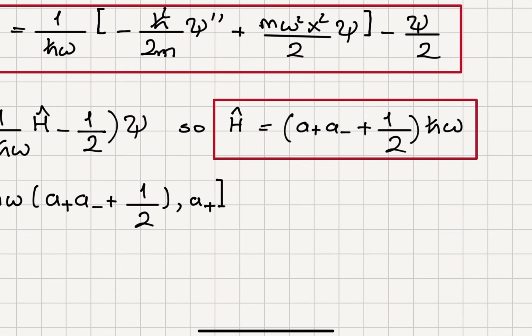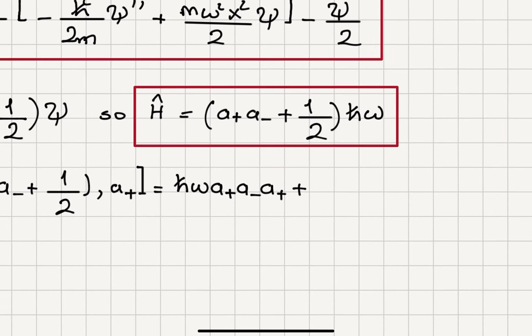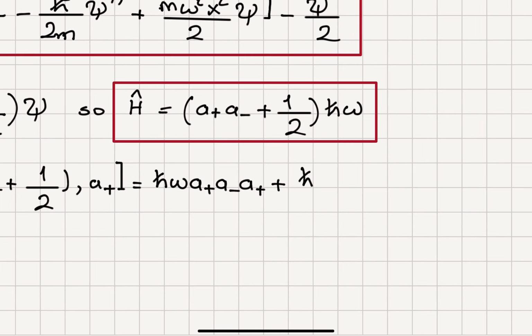And that's equal to, you can see the first term will be H bar omega A plus A minus A plus operator, plus H bar omega over 2, A plus operator.